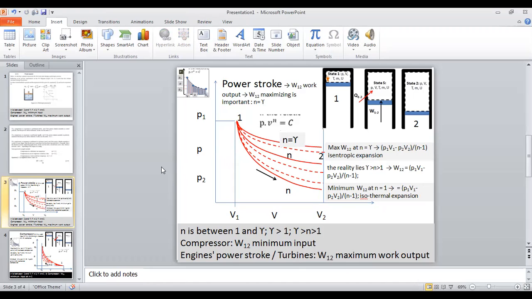Isentropic means reversible and adiabatic. We will understand that also afterward. In isentropic expansion, there should be no heat going out as losses. I think I have shared isentropic expansion with you earlier. So this is something very much insulated.